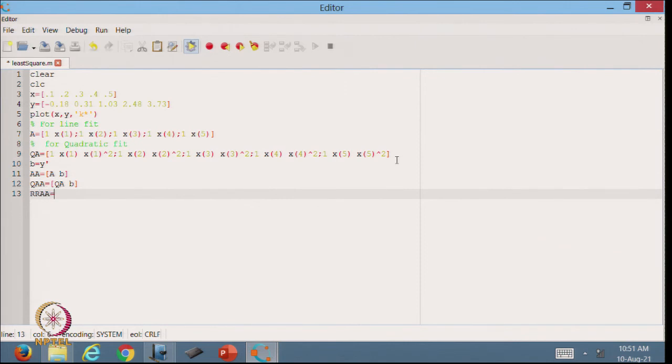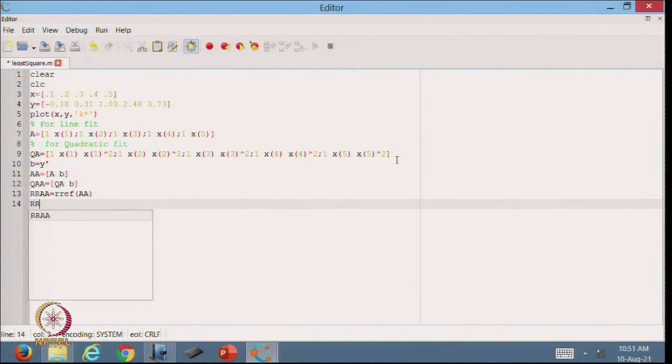It is a command that gives you the row reduced echelon form. Similarly, I can write rref of QAA.